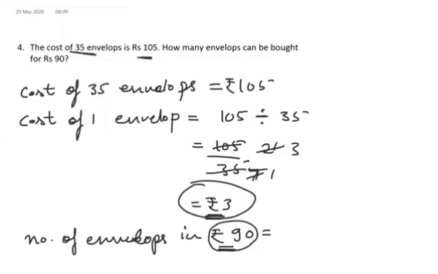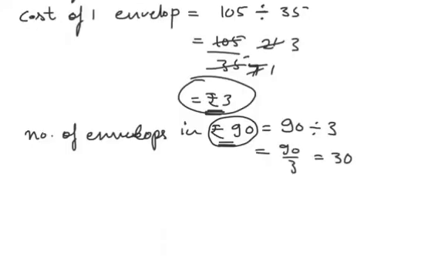So this time we will not multiply, because in the earlier question we were multiplying. In this question we have to divide 90 rupees by 3 rupees so that we can find the number of envelopes. So 90 upon 3 is equal to 30. So we can buy 30 envelopes.